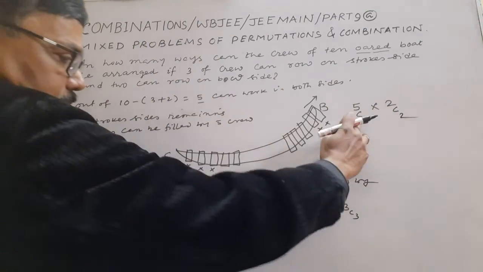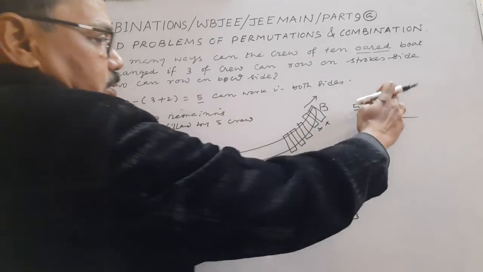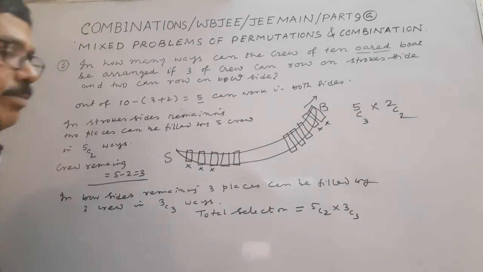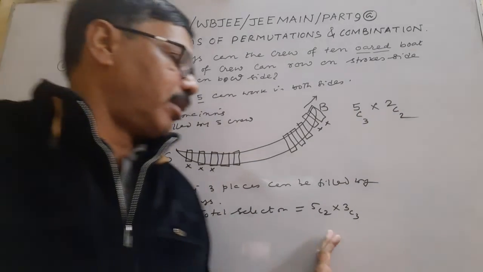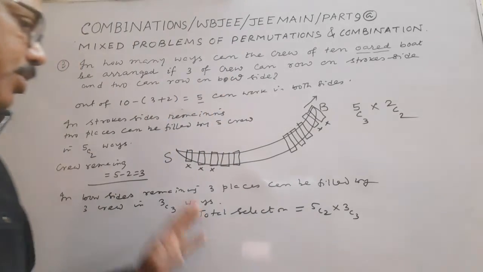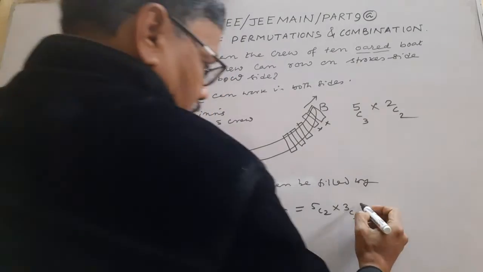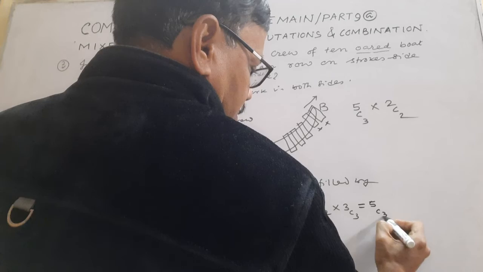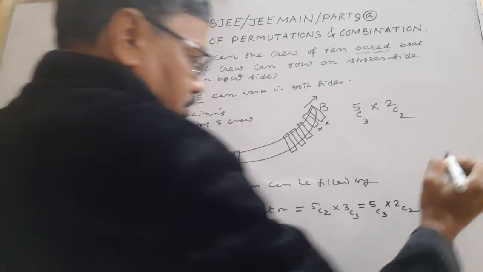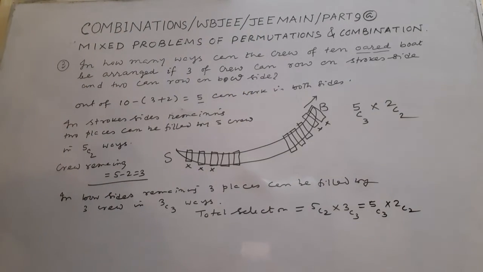So 5C3 equals 5C2, 2C2 equals 3C3. So same. This is total number of selection. Or you can write this equals 5C3 into 2C2 as you please.